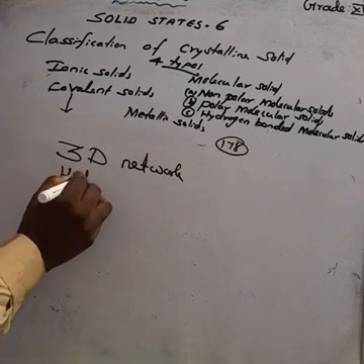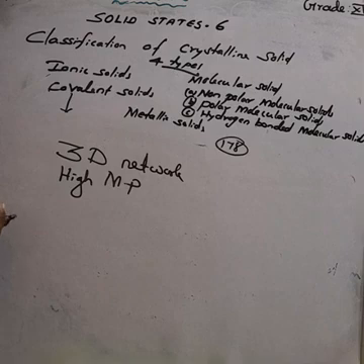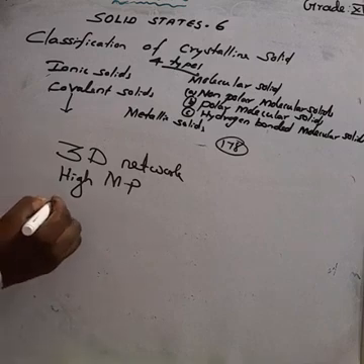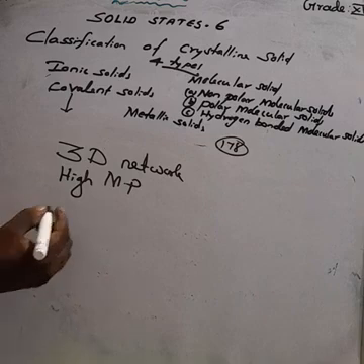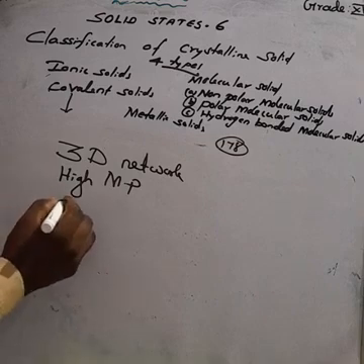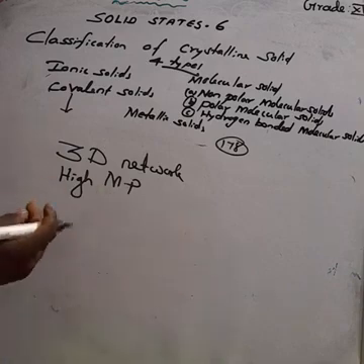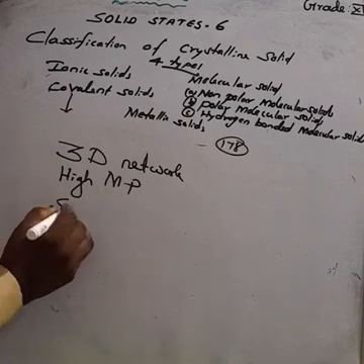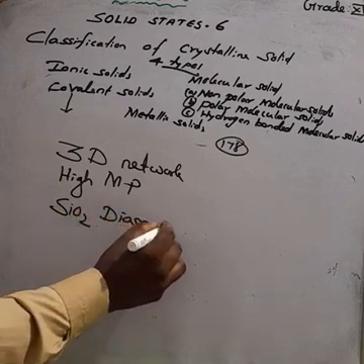They are poor thermal and electrical conductors. Because they are insulators, some examples are SiO2, diamond, quartz.